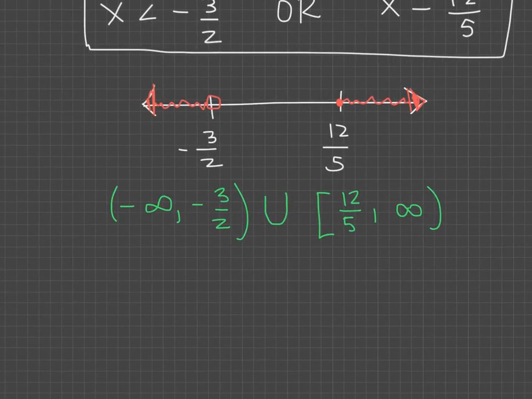So if you've done any set work, any learning about sets, or maybe with probability or something like that, this U means union. Now, we're not going to worry too much about that. We just need to know, XYZ homework will want you to give things in interval notation. So when you have two intervals that don't overlap, but together they form the set of numbers that solve an inequality, we connect them with that U that stands for union.